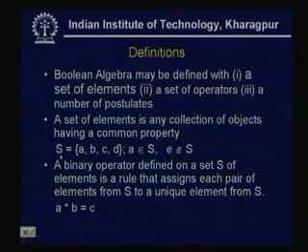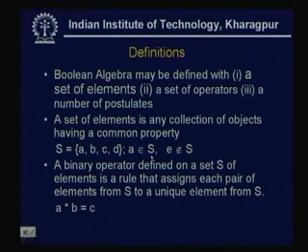Say S is a set, and A, B, C, D are some variables. Later we will see what type of variables these are. Now A, B, C, D we are calling the elements.